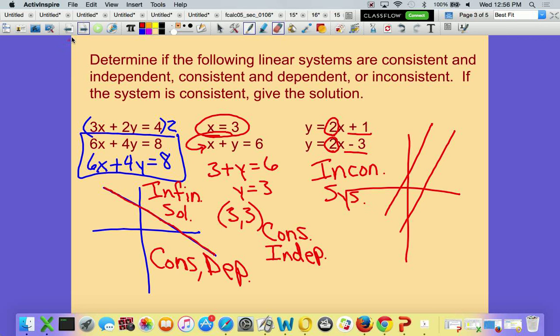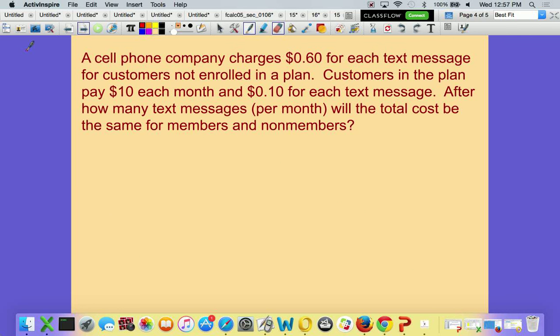Alright, next page. A cell phone company charges 60 cents for each text message for customers not enrolled in a plan. We need to make an equation out of that. The first thing I see is it sounds like total cost, and we'll say that's y for now, equals 60 cents per text message.